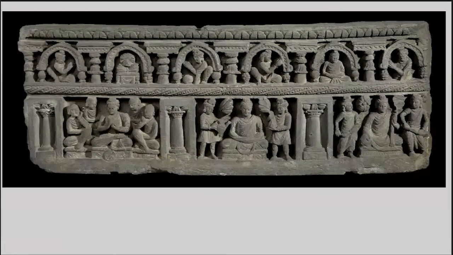Two merchants called Tapussa and Bhallika, here we have two of them, were guided by one of their former relatives who has now become a god, who told them, please go and see the Buddha and give him something to eat. They were going in their chariots with goods. They went and offered the first meal after 49 days to the Buddha. That was a rice cake.